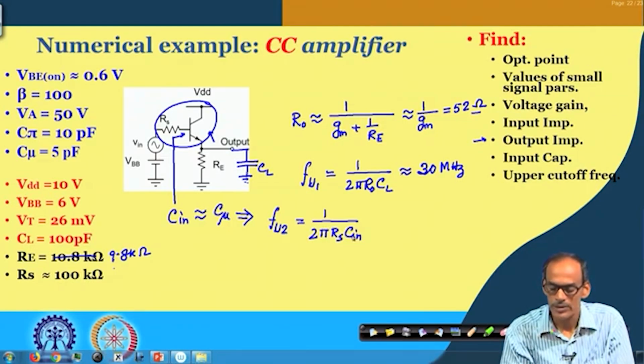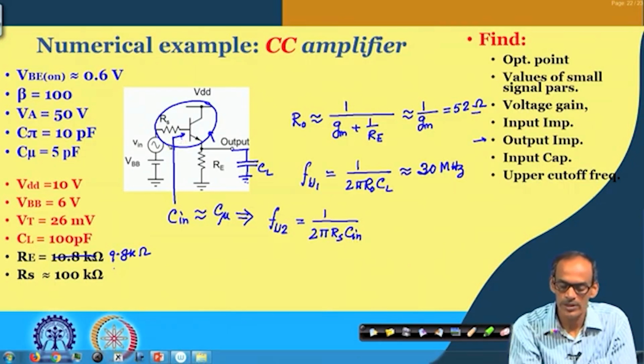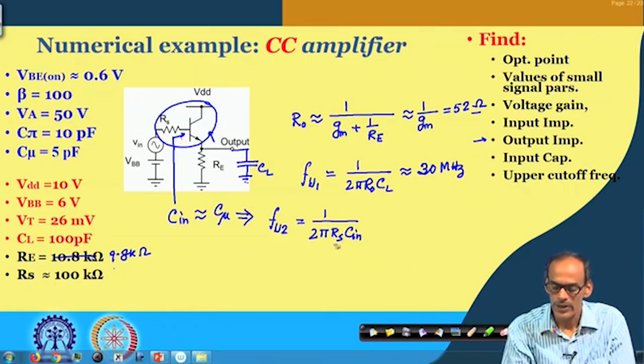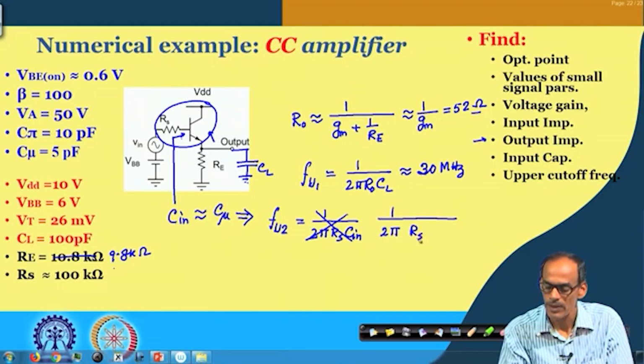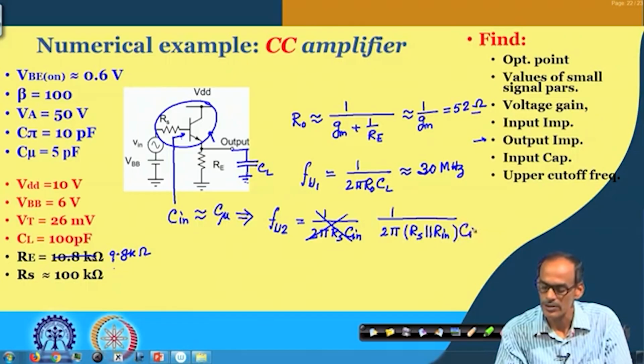So, that part it is... I should say I do have the R in also, but R in is much higher than R s. In fact, to be more precise, I should rather consider the R in also. So, we should consider R s in parallel with R in, and then C in.